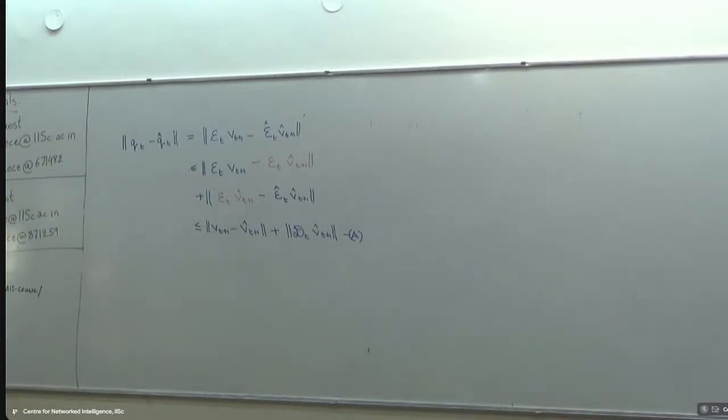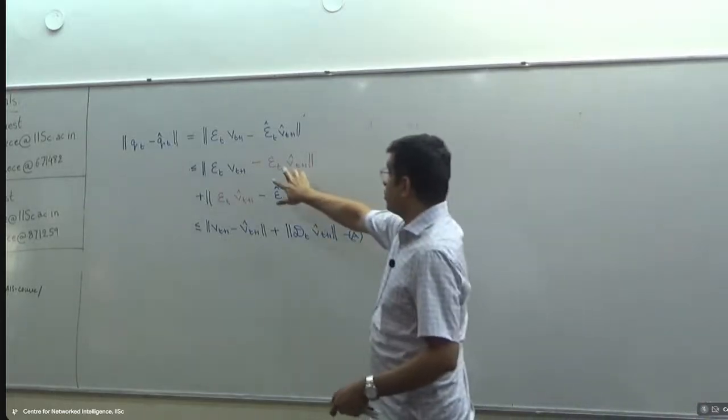All right. So, how do I get the second bound? I could have done something differently here.